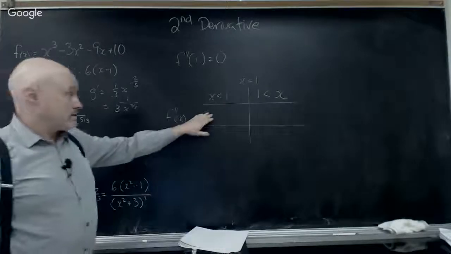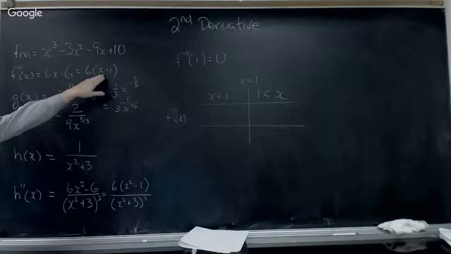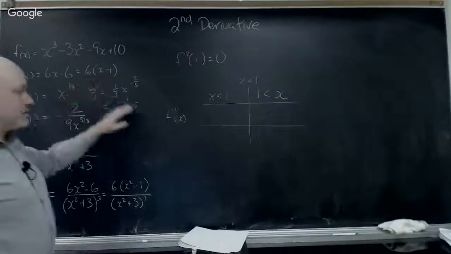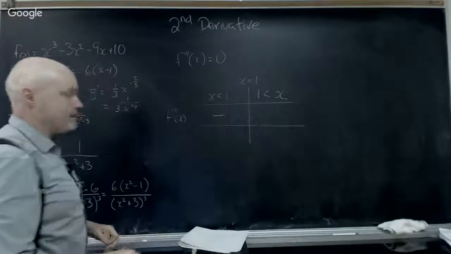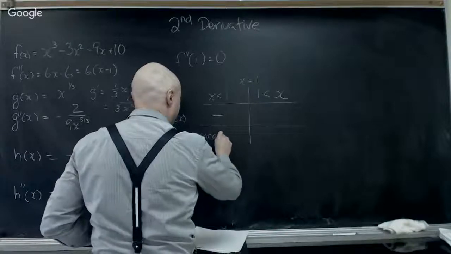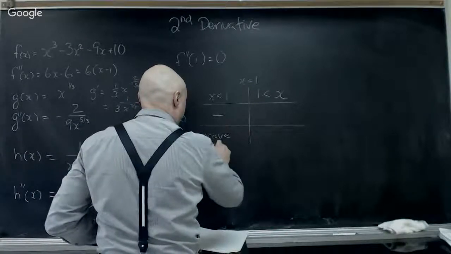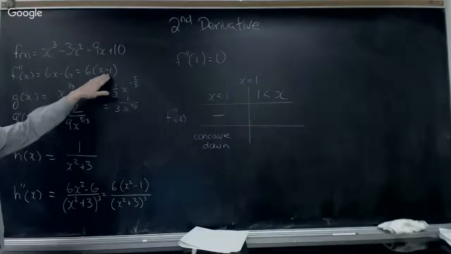When x is less than 1, say for example 0, 0 minus 1 is negative 1, times 6 is negative 6. So in this area, the second derivative is negative, and so I'm going to conclude that it's concave down. What about when x is greater than 1?